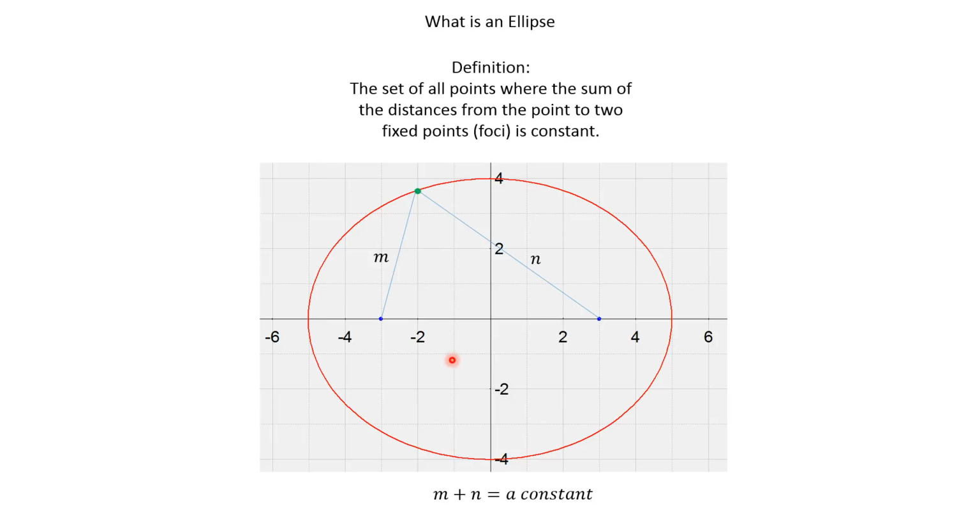The reason for that is because any line that you draw from one focus is going to hit the ellipse, and the angle of reflection will take it right to the other focus. So if you draw a line, the angle of reflection will take it here. You draw a line, the angle of reflection will take it right back to the other focus. So all of the sound waves that dissipate when you speak all hit the edge of the room and bounce back to the other focus with a constant distance.